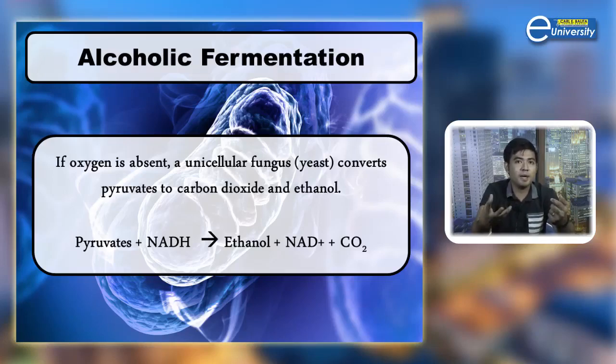When the bread is baked, the gaps or spaces in the bread are due to the bubbles of carbon dioxide. Aside from carbon dioxide, alcohol is also a product of alcoholic fermentation. So, where's the alcohol in the bread? Since bread is submitted to intense heat inside the oven, the alcohol already evaporated. That's why you can only see the spaces of the bubbles of carbon dioxide produced by the yeast.